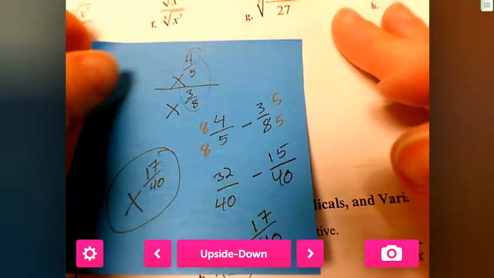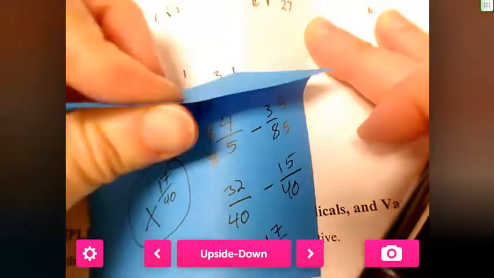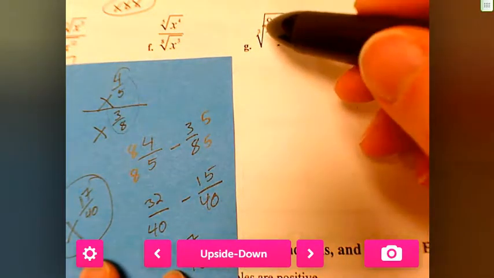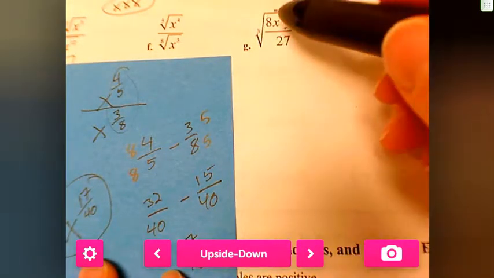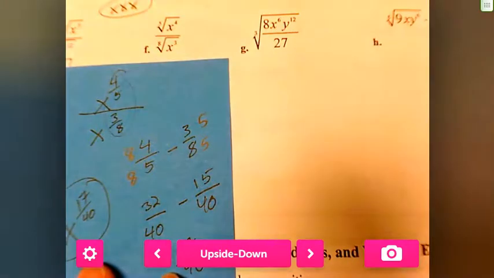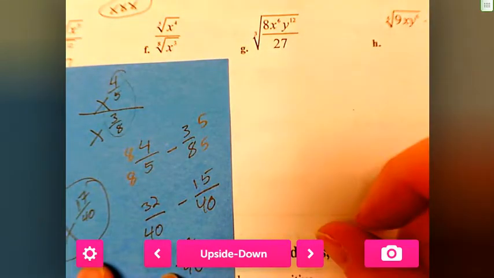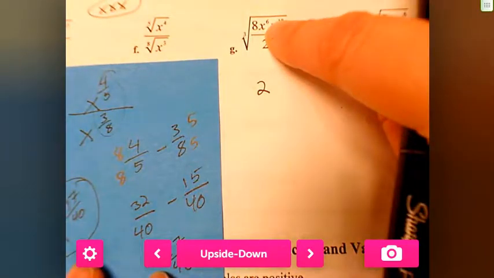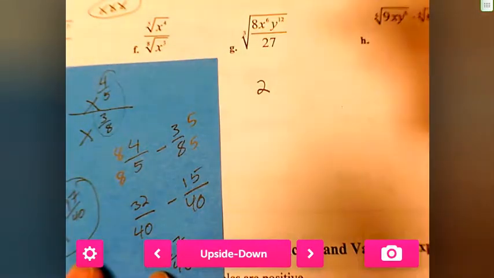Okay, I'm going to move this over slightly so we can do G. All right, G is the cube root. What's the cube root of 8? What times what gives us 8? 2. How many groups of 3 is 6?